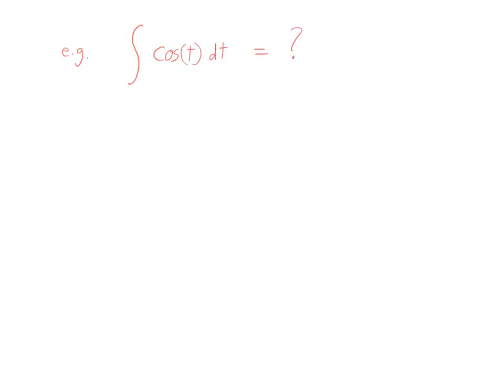By the way, knowing that integrals and derivatives are effectively inverses of one another enables you to figure out lots of integrals. So for example, suppose I want to know what is the integral of the function cosine of t with respect to t. Well, if I remember my rules of derivatives, I may remember that the derivative of the sine function is the cosine function.